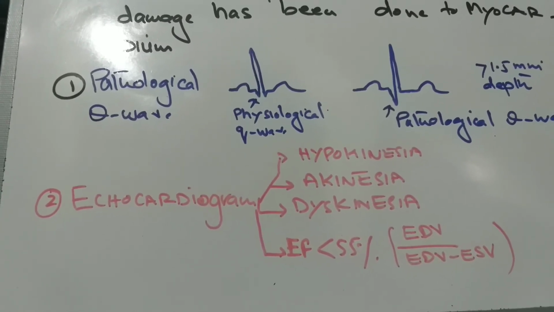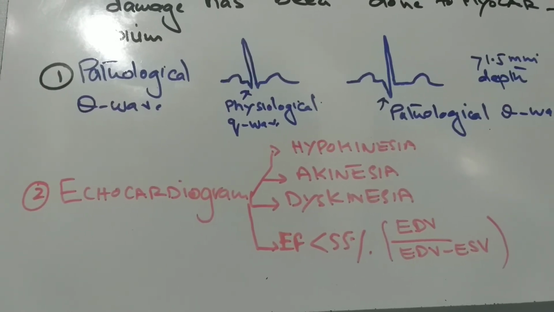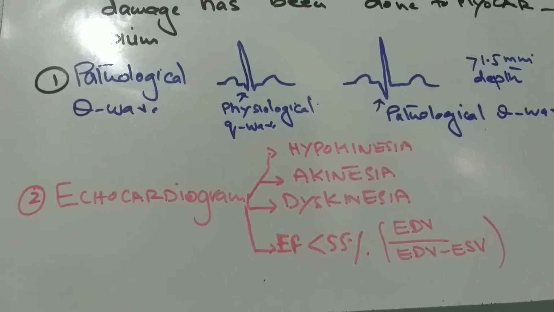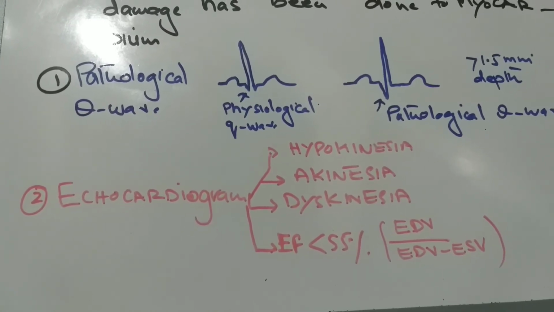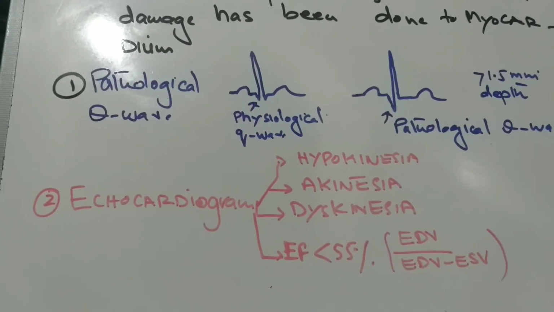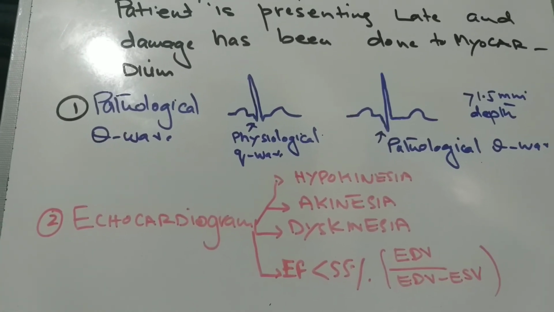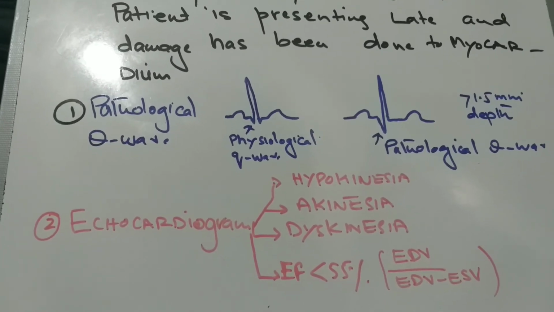These walls can be akinetic, meaning they will not be moving at all, or there can be dyskinesia. During the systole they are supposed to come inward, but they may be moving outward, so in the complete movement of the heart they are behaving differently.